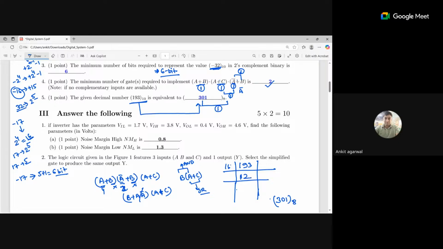Sixteen times 12 is 192. The remainder is 1.